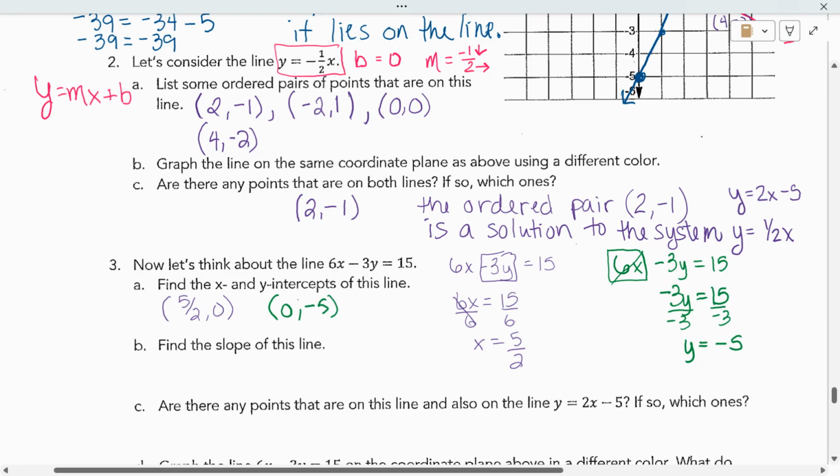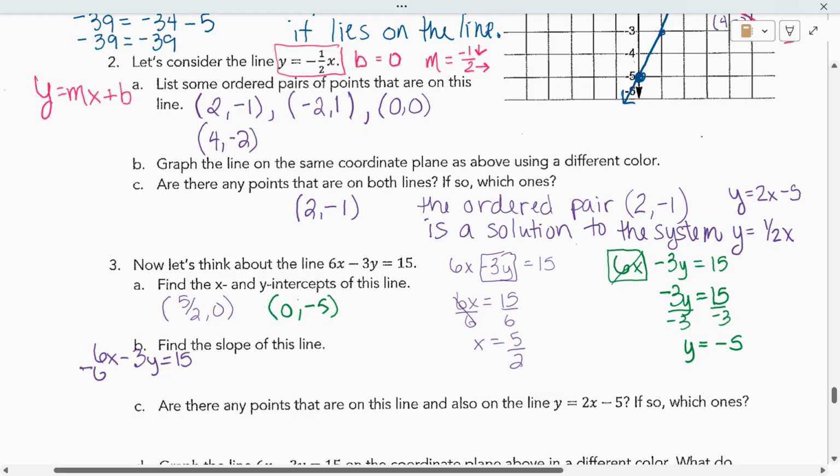It also asks me to find the slope of that line. If I want to find the slope of that line, I have to put it in what form? Slope-intercept form, yeah. So I'm going to take this equation, 6x minus 3y equals 15, and I'm going to solve for y.